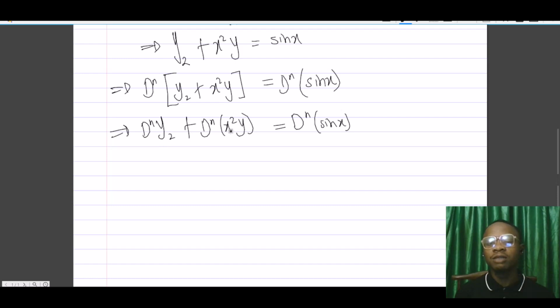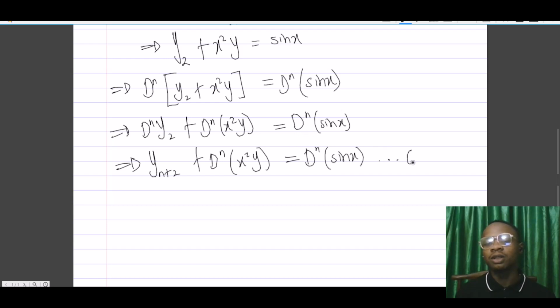We need the Leibniz formula for x squared y because y is going to be some function of x, and this is some function of x also. So we'll come back to that. But for this, we can easily identify it as y sub n plus 2, because that's the nth derivative of the second derivative. So we just add them up. So we have this plus the nth derivative of x squared y, again we'll come back to this, equals the nth derivative of sine x. Again, we'll come back to this as well. So this is our equation A right here.